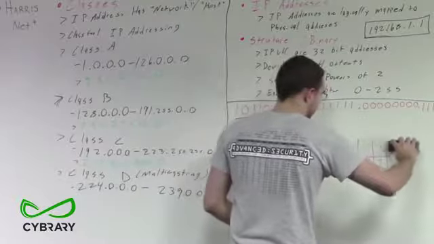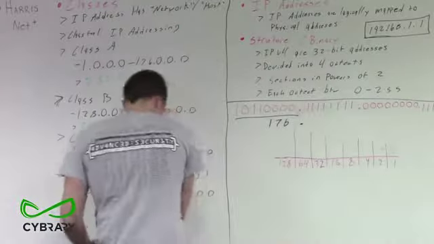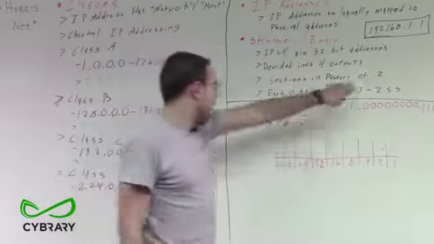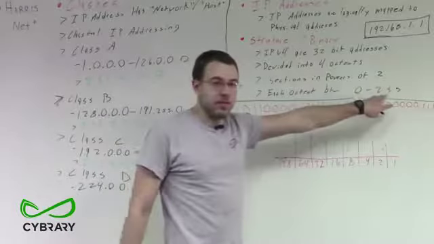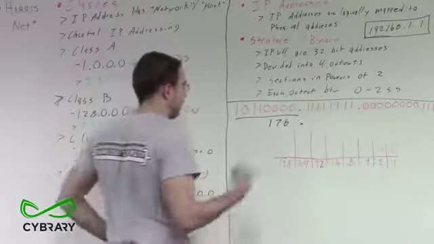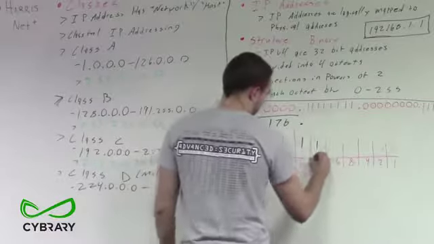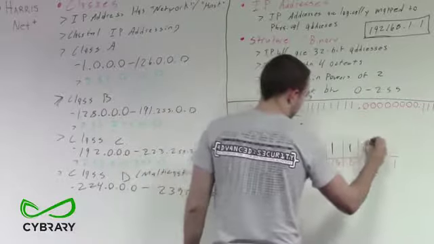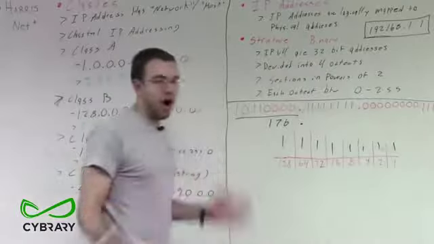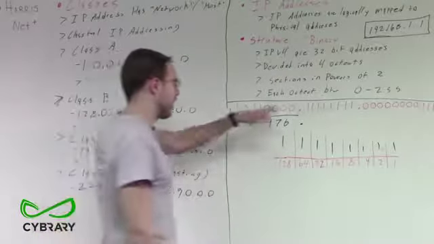Now our next octet is going to be all ones. We already know that our highest value when we have all ones is 255, but let's show why it is. We have an on, an on, an on, an on, an on, an on, an on, and an on. We have no zeros in this octet.